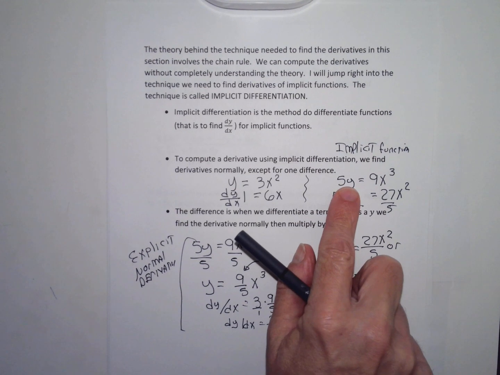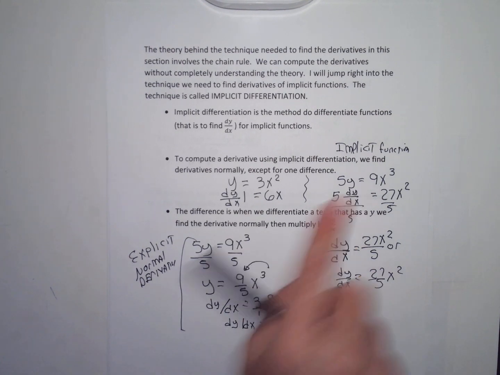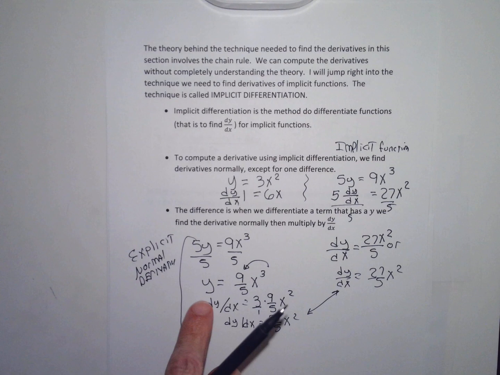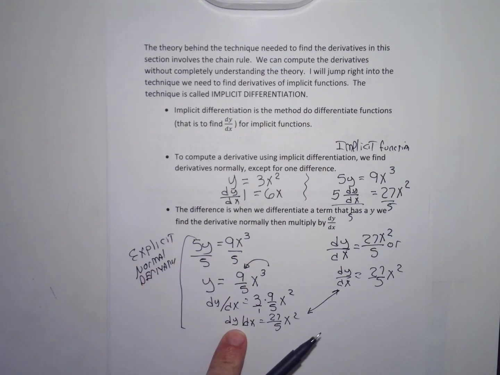If I have an implicit function and it's easy to write it as an explicit function just by solving for y, then I don't need implicit differentiation to find the derivative. But in most, if not all, of the problems in this section, it's going to be impractical to isolate the y, so it's going to be impractical to rewrite the problem to do explicit differentiation.